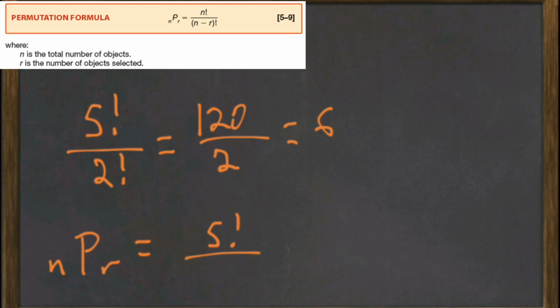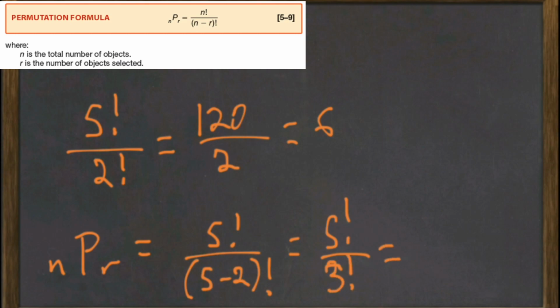So we would say 5 minus 2, right? And so this bottom part is going to take into account how many weren't selected. So we would have 5 factorial over 3 factorial, right? And so that's going to be 120 over 6, or 20, right?